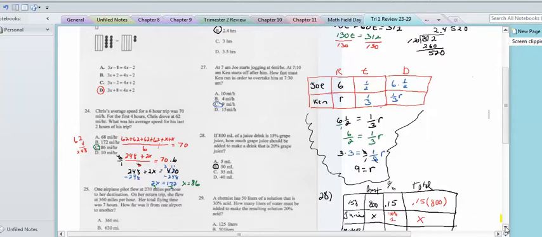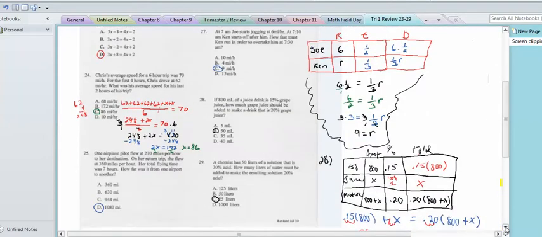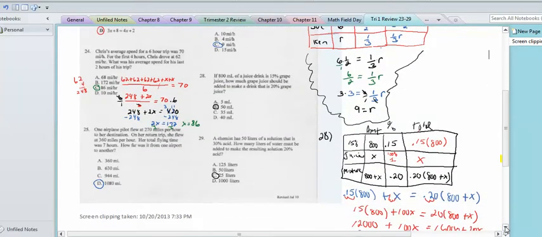Alright, that's that one. Number 28 is at the bottom here. It's a mixture problem. What do you know about pure grape juice? It's 100%. That's the key for this one. Fill in the chart. 800 milligrams of 15%. How many of the 100%? 800 plus X is the mixture, and it's going to be a 20%.